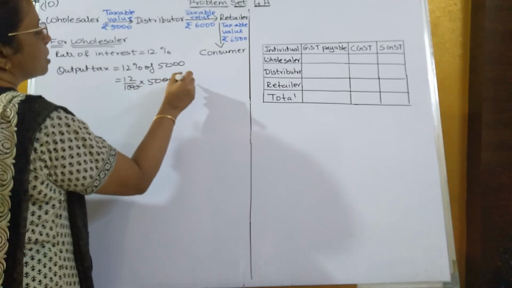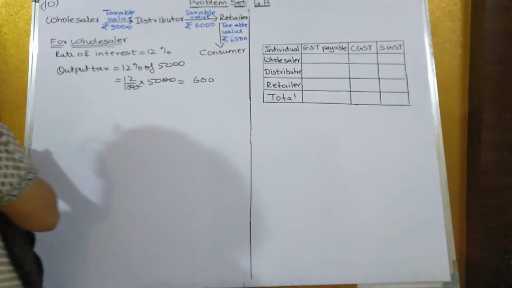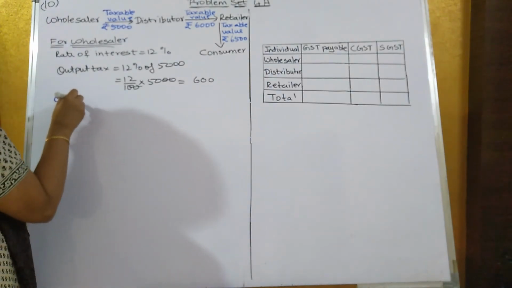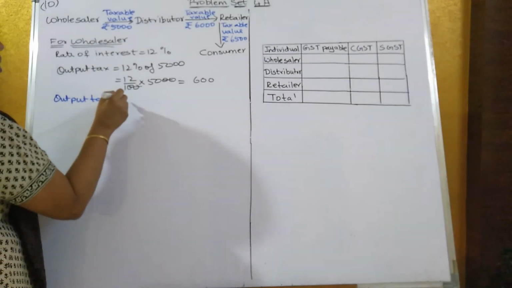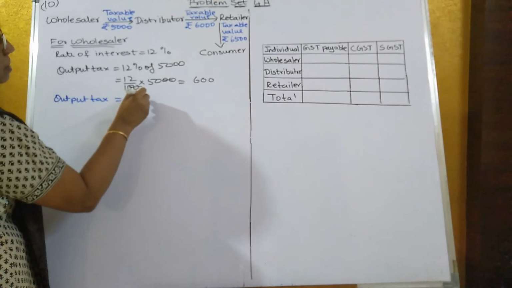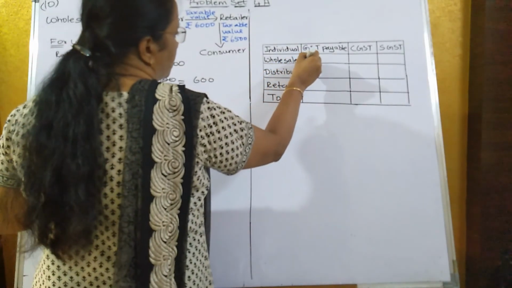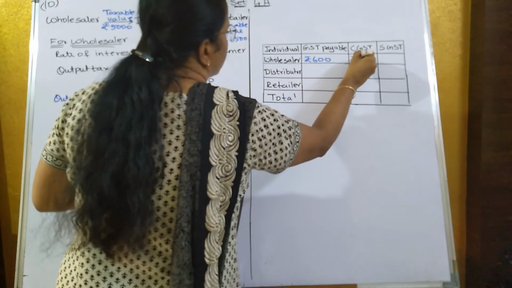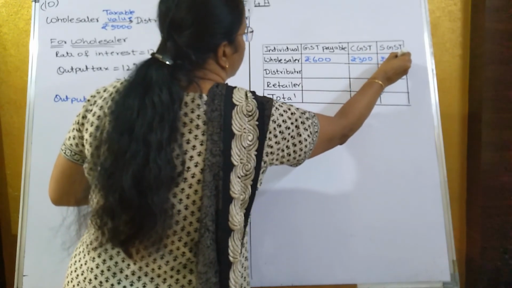So that's equal to 600. So output tax of the wholesaler is rupees 600. Half of it will go to CGST and the other half to SGST.